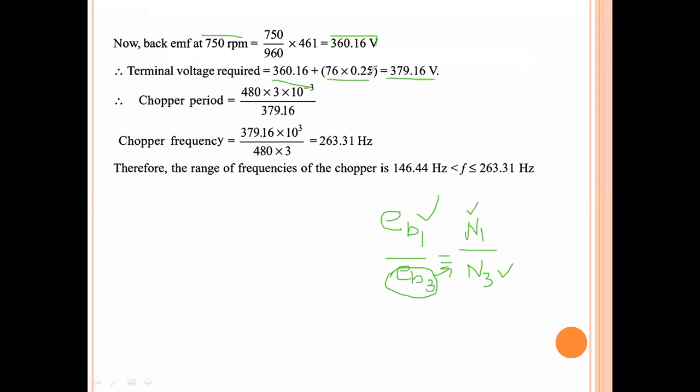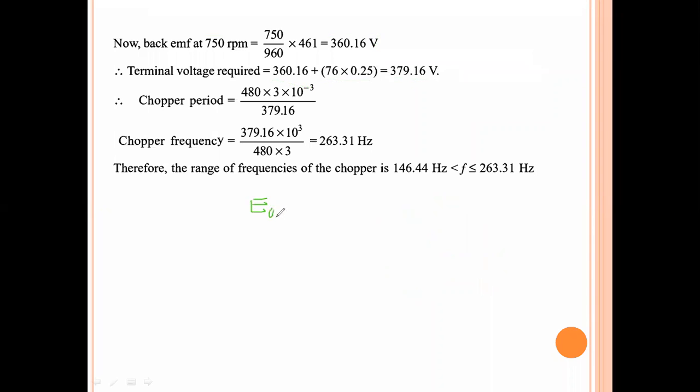Now we know that EA is equal to D into EDC, where D can also be written as T on by T, into EDC, right?